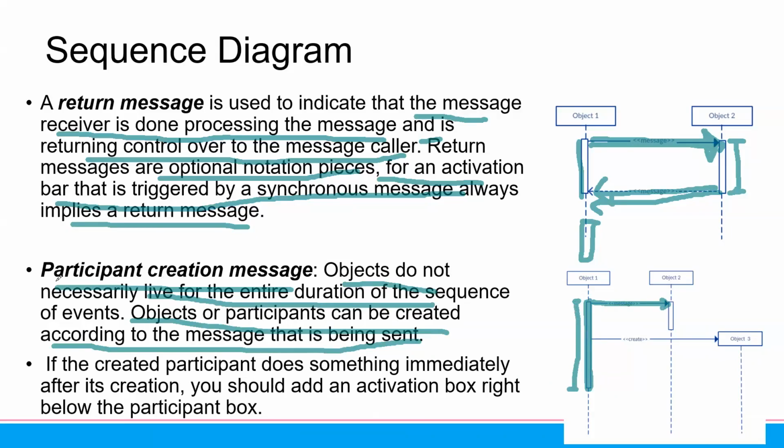So we call this the participant creation message. So it will create another message. It can be to another object. And we call this the participant creation message, not the synchronous message, because it is in the middle of the object creation. Okay? It is not in the first. Here is in the first, but this one is in the middle.